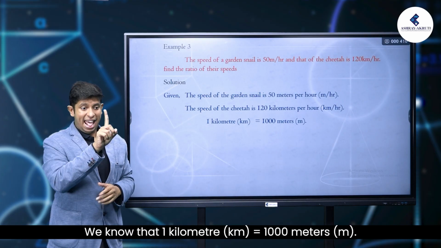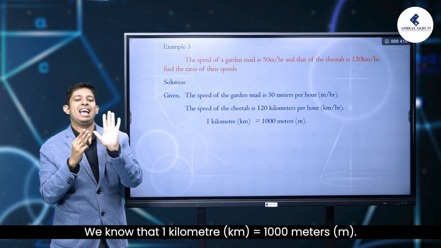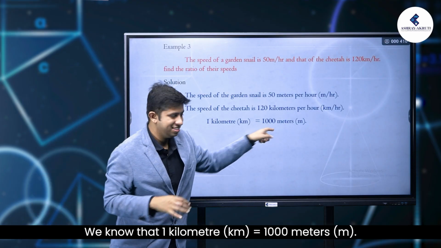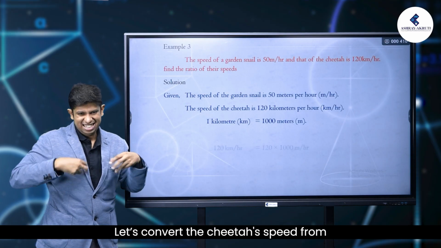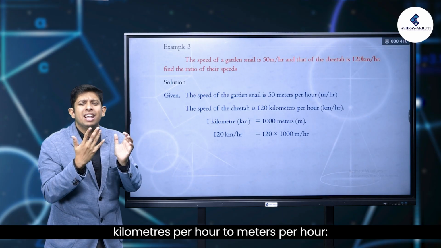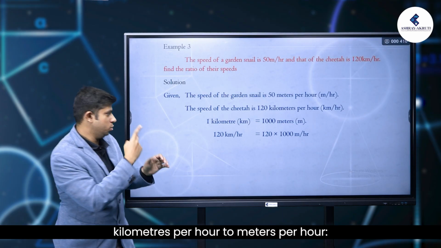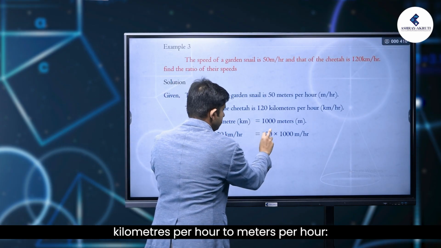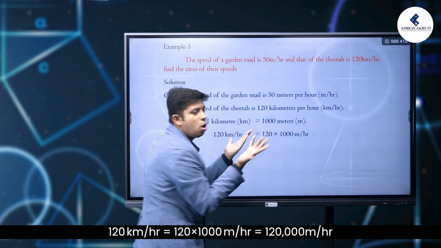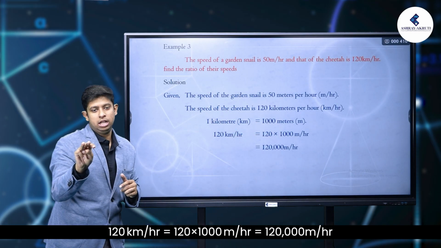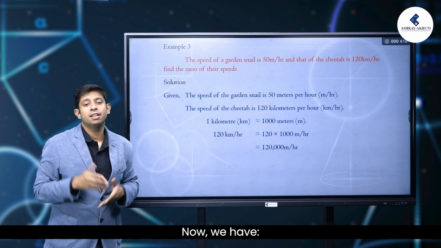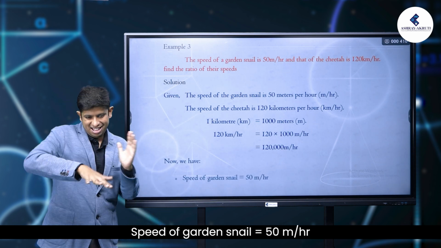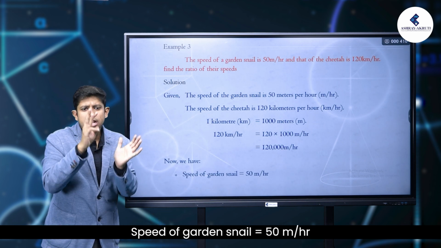We know that 1 kilometer is equal to 1000 meters. Let's convert the cheetah speed from kilometers per hour to meters per hour. 120 km per hour is equal to 120 into 1000 meters per hour, which is 1,20,000 meters per hour. Now we have speed of garden snail equals 50 meters per hour.